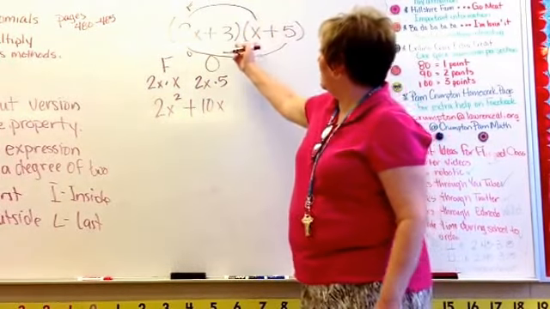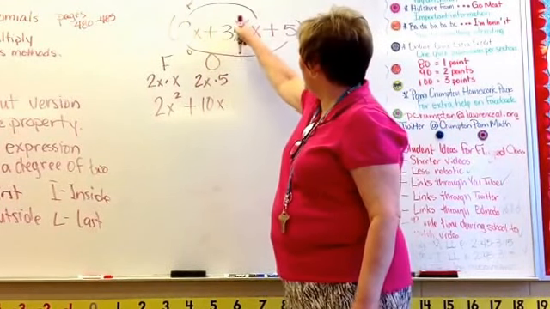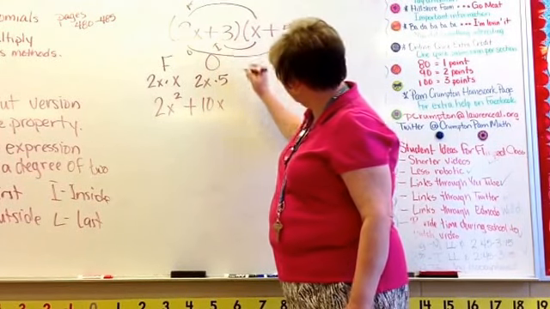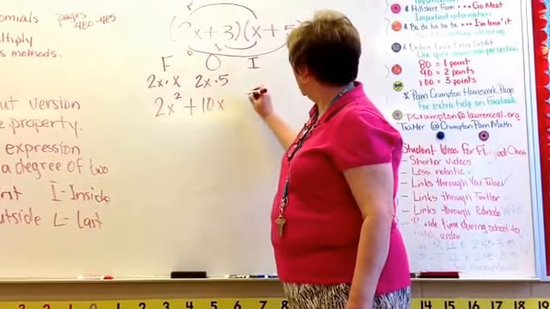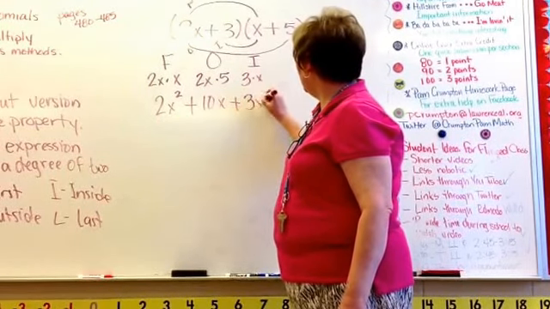My inside are the two terms here that are in the middle of the problem, that are by the opposite facing parentheses. So that would be 3 times x, that's 3x.